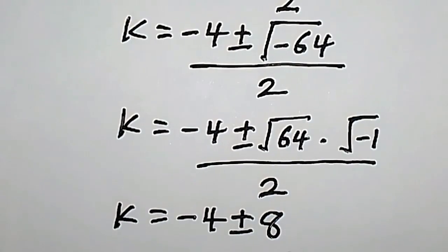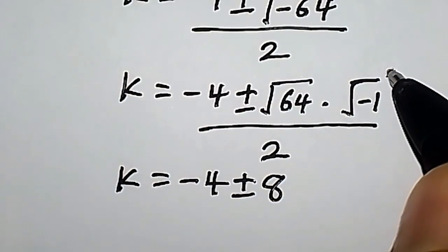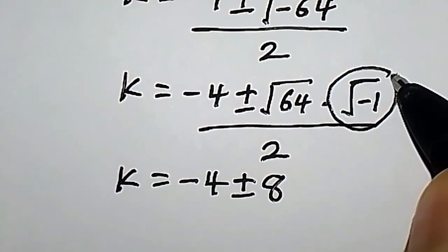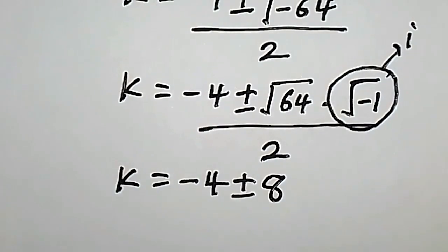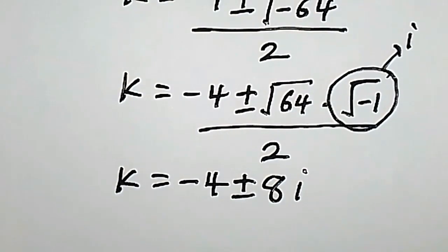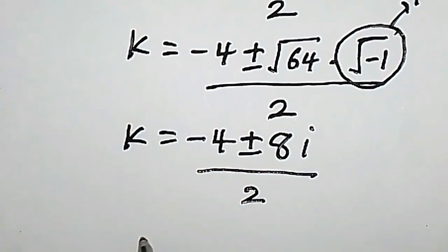That is 8. And square root of minus 1 from the complex numbers is what? It is i. So we have i here divided by 2.